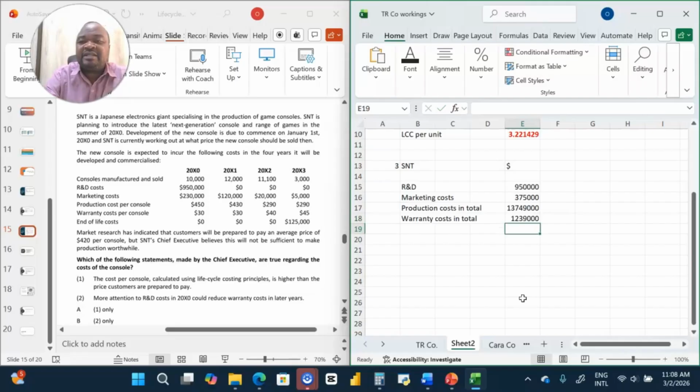And then end of life cost is equal to 125,000. It's just a single figure. Press enter there. You get the total lifetime costs.